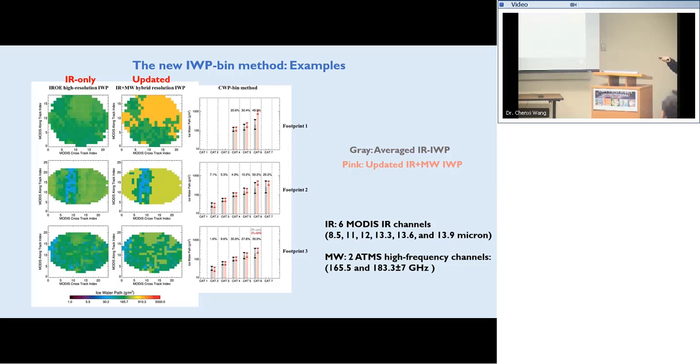So you can see that for cloud pixels with very small ice water paths, the infrared dominates, so even if you have updates, there's no difference between the two. But when you have category 6 and category 7, which means the ice water path is large enough, the infrared starts to saturate. So in that case, the microwave dominates. So you can have a huge difference between before and after the updates.